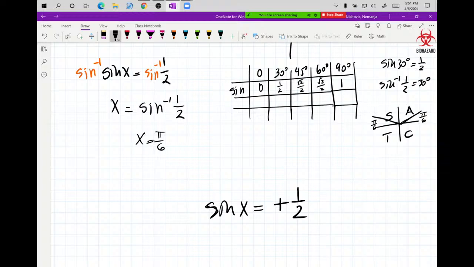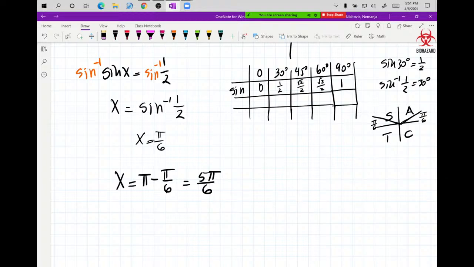And remember that the reference angle is always measured from the x-axis. So when you measure pi over 6 from the x-axis, you get pi. So second solution would be pi minus the reference angle, and you will have 5 pi over 6, which is the second solution. So this is yet another way to solve the problem.